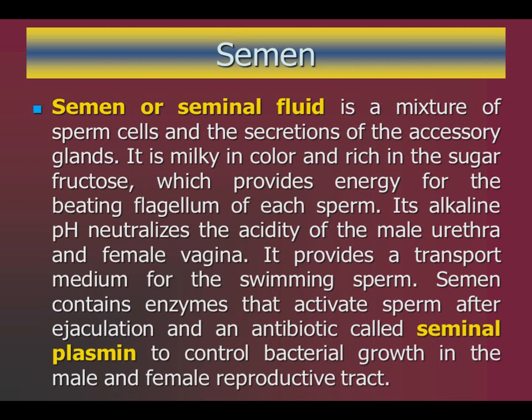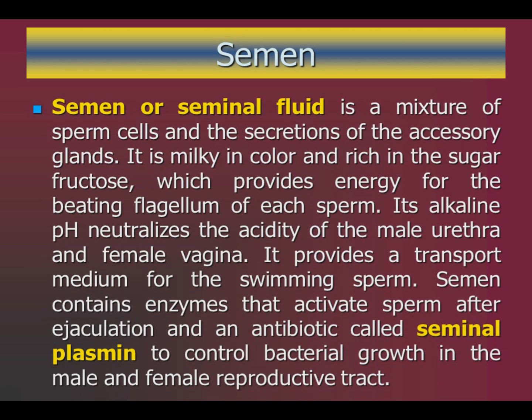The semen is alkaline, with a pH of 7.2 to 7.6. This neutralizes the acidity of the female vagina and the male urethra and helps protect the sperm cell. The semen provides a transport medium for the swimming sperm cells.